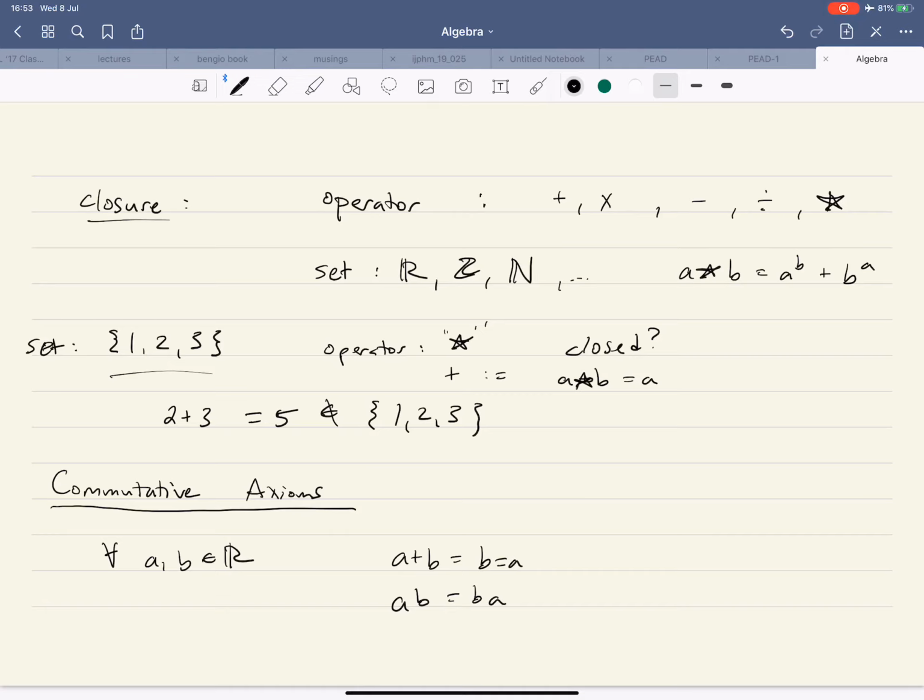When I apply the operator, addition or multiplication, to the two inputs, I get the same answer, okay? We kind of already knew that, right? Like 5 plus 2, which is 7, is the same as 2 plus 5, right? Or 2 times 5, 10, is the same as 5 times 2. Okay, the commutative axioms are just formalizing that.